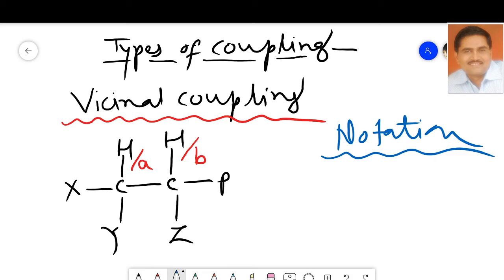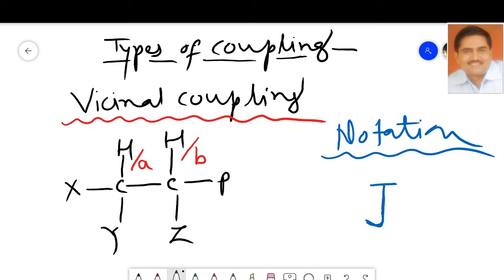Now when we consider the notation, there is the coupling constant. This term is important here, and this is noted by capital J.